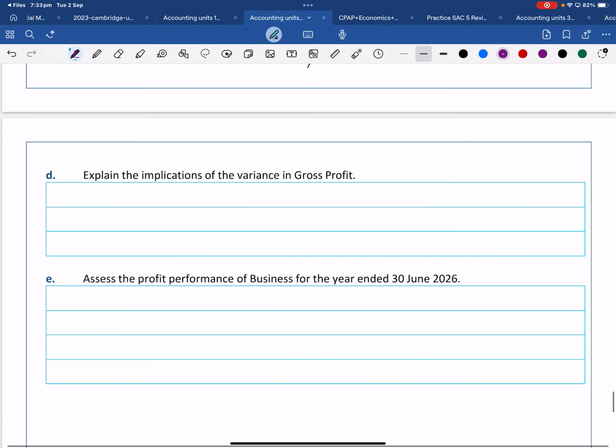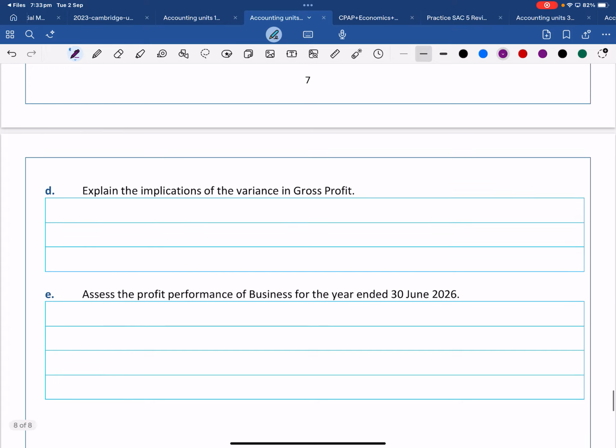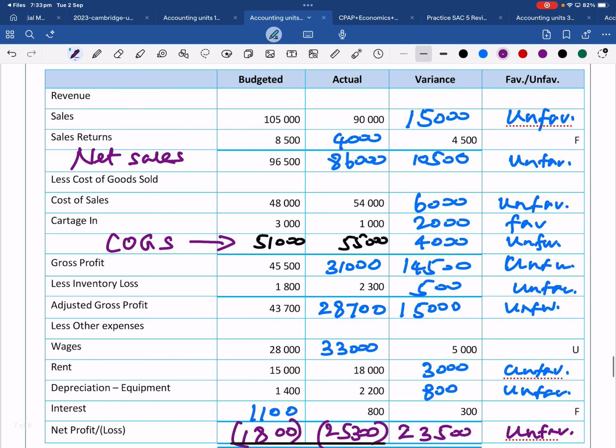Okay, guys, now part D. Explain the implications of the variance in gross profit. What are the implications, guys? Higher cost of sales. But what does implication mean?